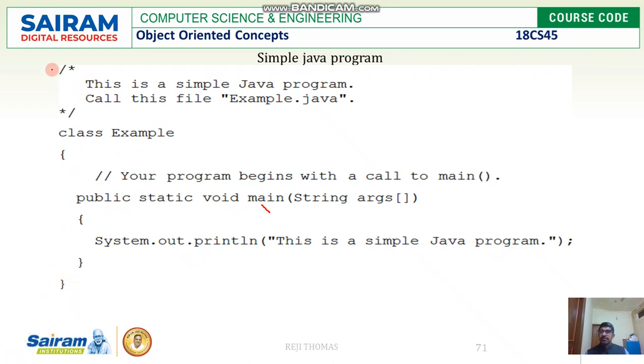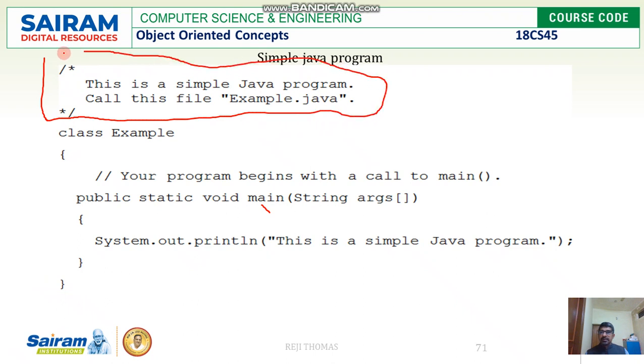This is what you have written at the beginning. This is only a comment; you can write multi-line comments like this. Class is the keyword, this is the class name, and again this is a comment. Normally your program begins with main. This is the entry point, where you can find public. Public is a modifier, meaning this can be accessed by any method or function. Static says that without creating an object of the class Example, we can access this main method.